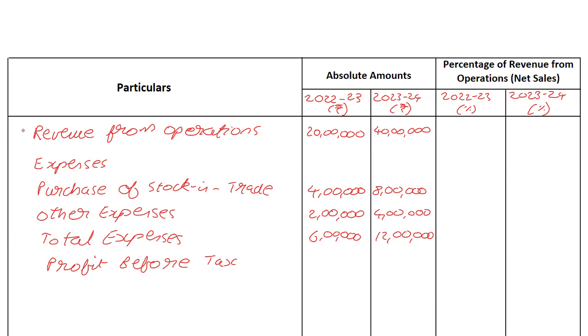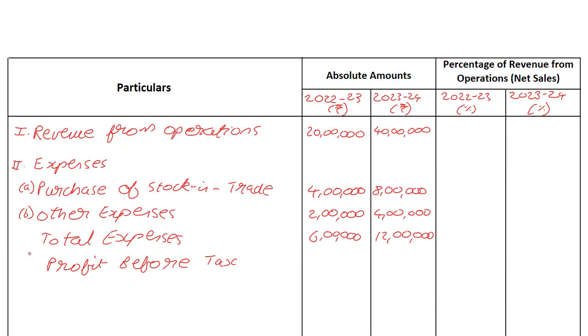Now it's a good time to give some numbering. Revenue from operations, for example, would have been Roman 1. Expenses would become Roman 2, because there's nothing else after revenue from operations until expenses. Under expenses, we can number with alphabets: purchase of stock in trade and other expenses.